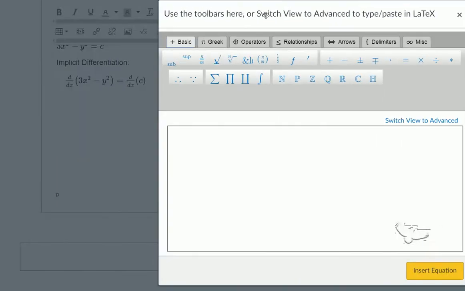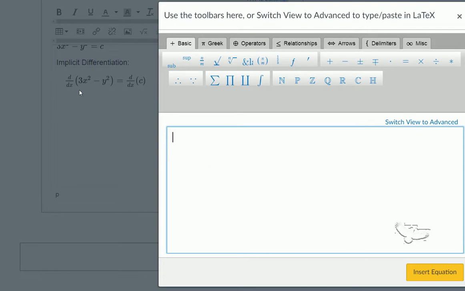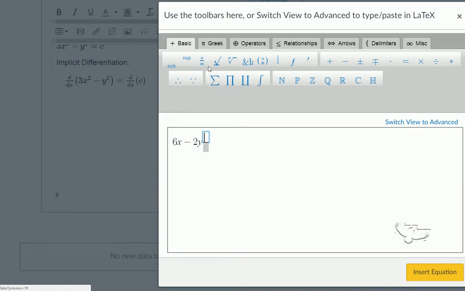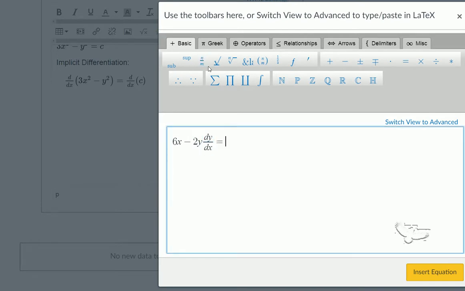And my derivative with respect to x of 3x squared is going to give me 6x times dx/dx, which is 1, minus 2y times dy/dx, derivative of y with respect to x, equals, and on the right side the derivative of a constant is 0.